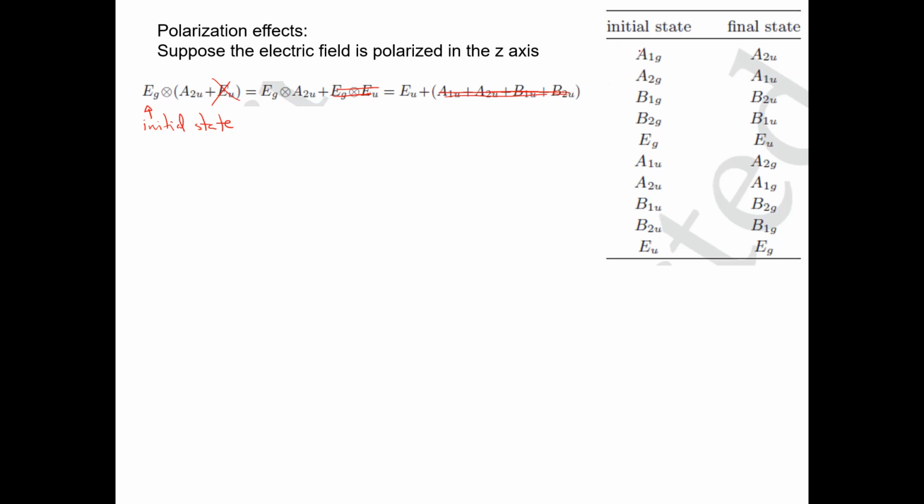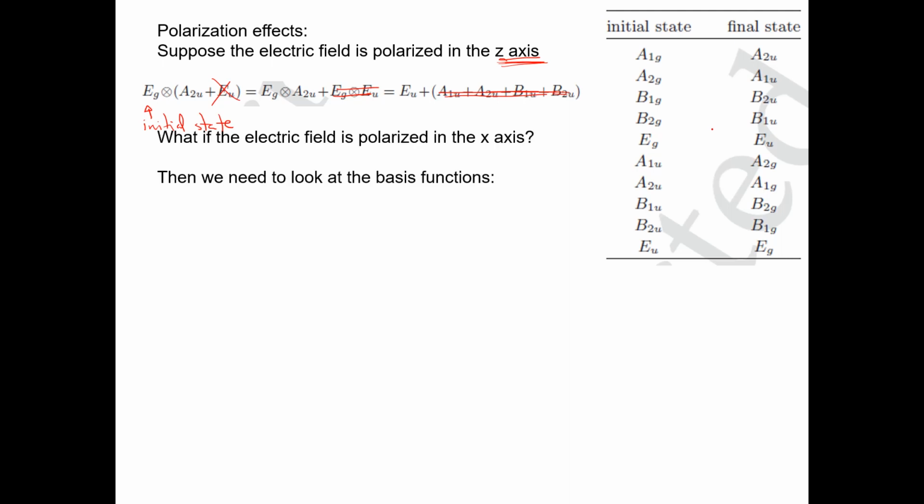If the initial state, for instance, is A1g, the final state has to be A2u, when the electric field is polarized along the z-axis. This shows how powerful group theory is in determining these selection rules. Very nice.